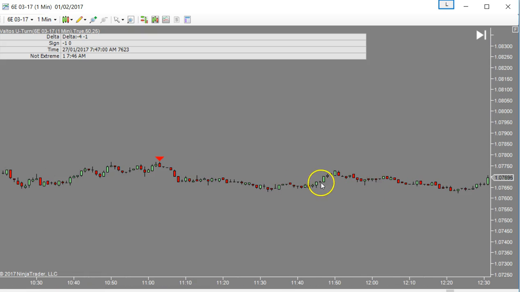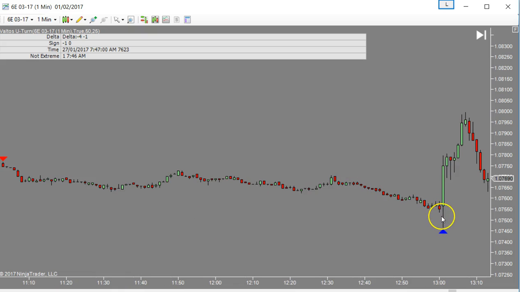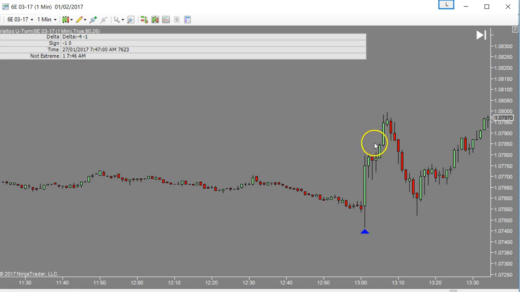Then it's just sort of in here, sort of peters out. Okay, then you could start thinking about getting out. I'm not saying you'd hold it all the way down to here. Some people might. Then you get this buy signal here at 1 o'clock. It shoots straight up like that, and then it comes down. Again, some people I know, it boggles my mind. They get in here, and you get this nice move.